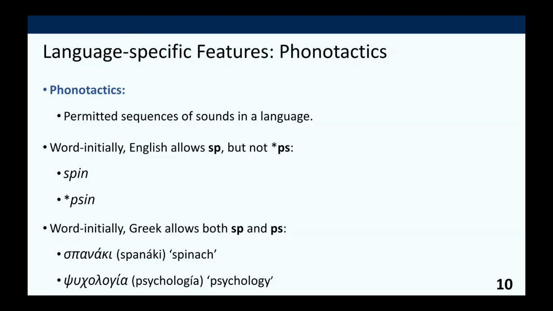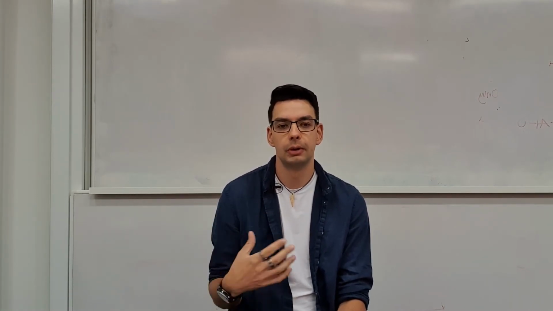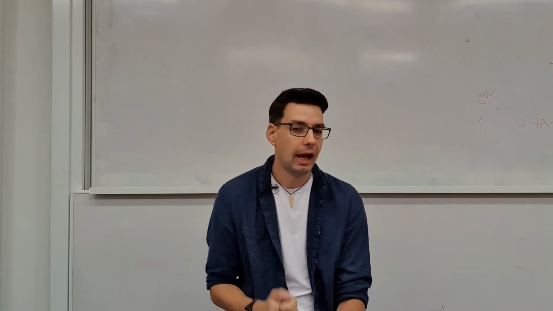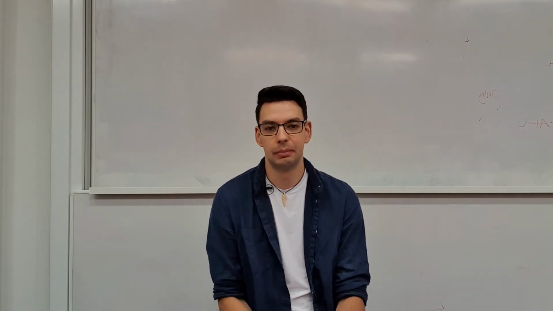In Greek, both SP and PS are valid sequences. So we can have words like spanaki, which means spinach, and we can have words like psychologia, which means psychology, starting with PS, that sequence that is illegal in English. And in fact, English has, of course, borrowed that word, psychologia, from Greek and just gone ahead and dropped the P because that is illegal in that position in English.